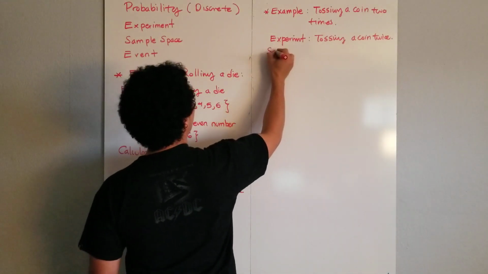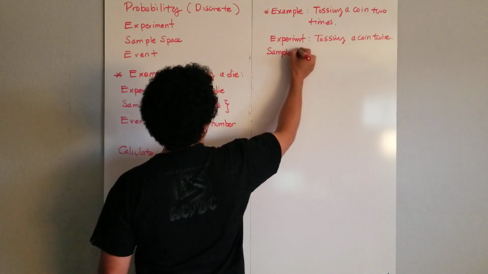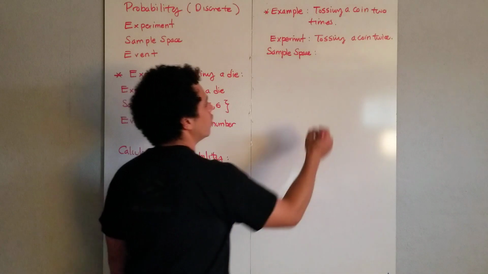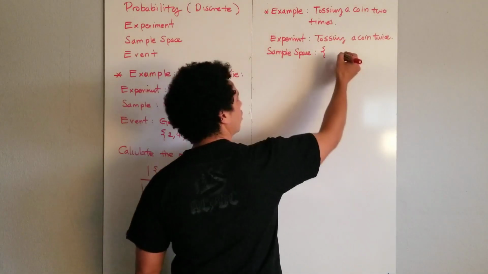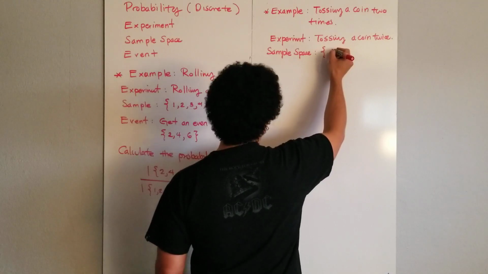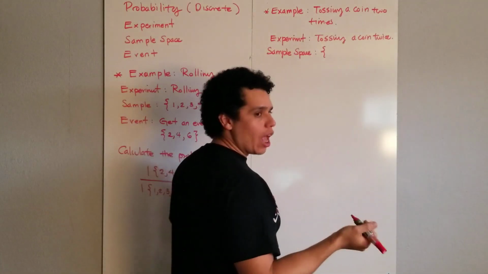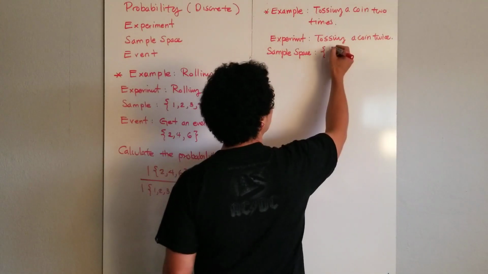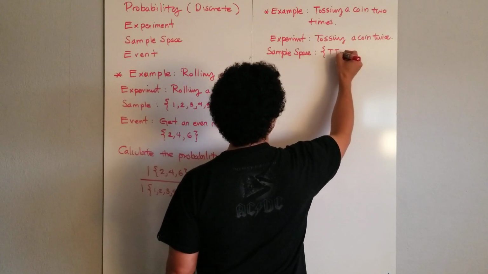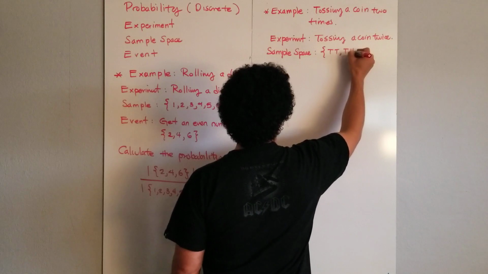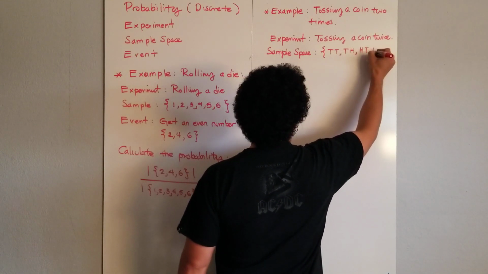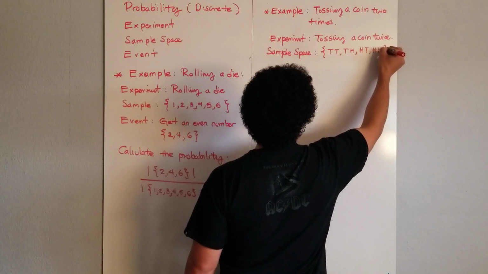The sample space, the possible number of outcomes, all possible outcomes, constitutes something like this. Well, what are the things that we can get when we toss a coin twice? Well, it could be that you get tails with tails, tails, then heads, heads, then tails, or heads and heads.